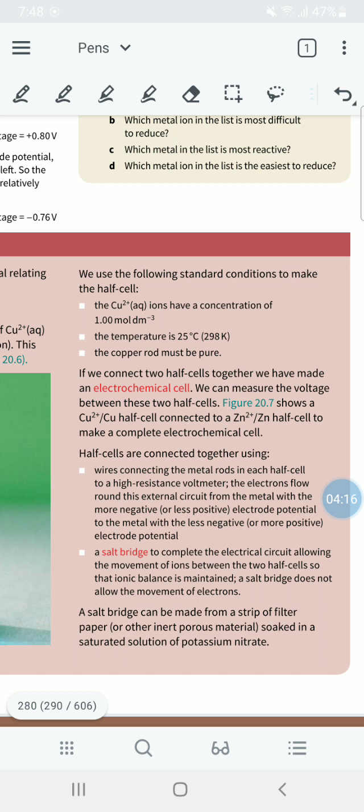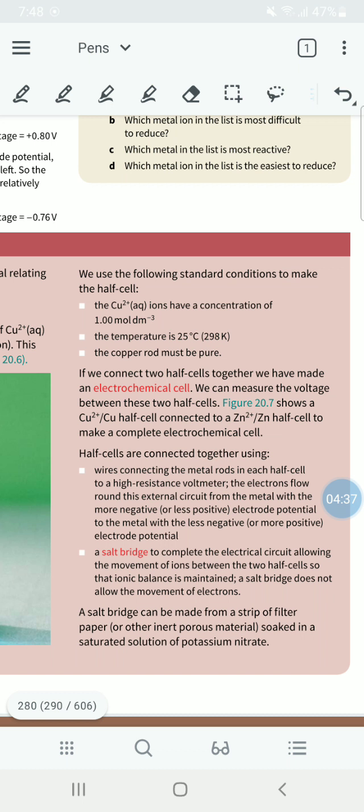Then you fill it up to about 500 cubic centimeters, and then you dissolve all of the copper sulfate, and then you fill it up to the 1000 cubic centimeter or 1 cubic decimeter mark, and you will have a solution of 1 mole per cubic decimeter.